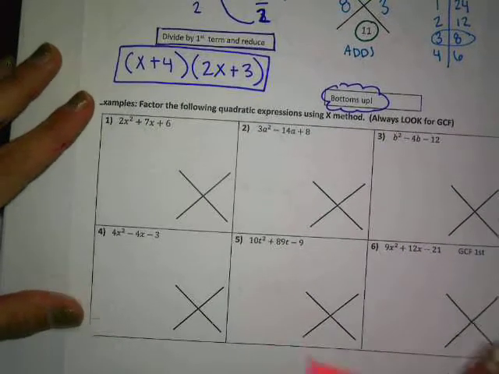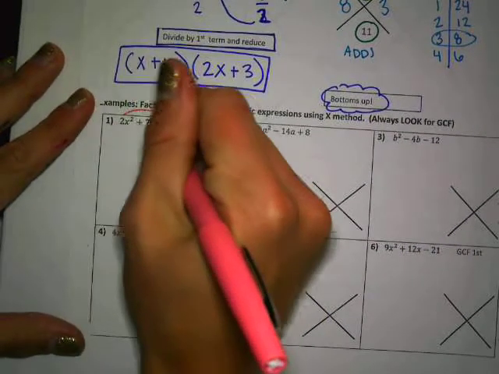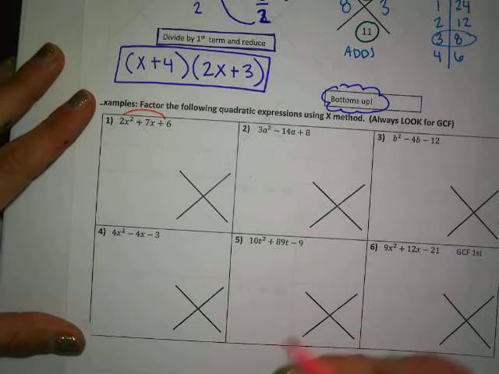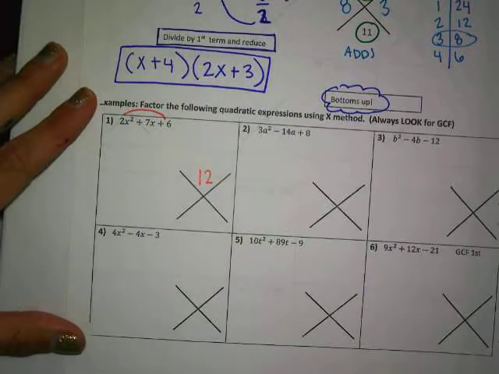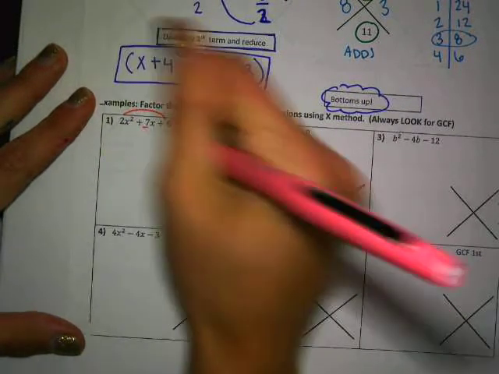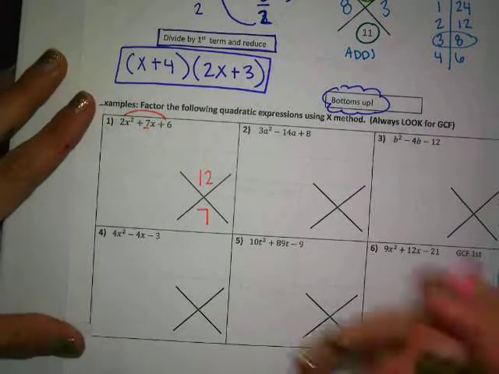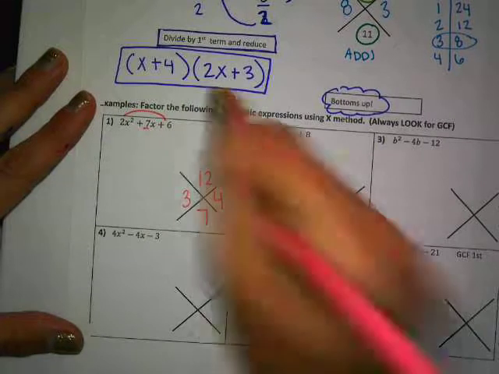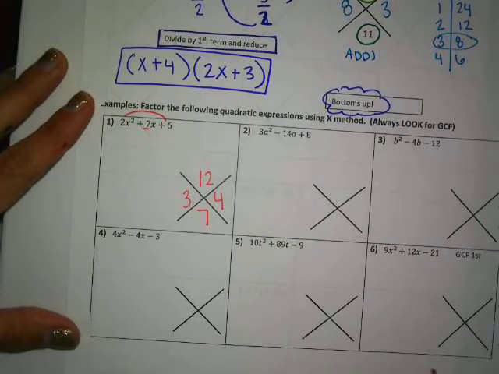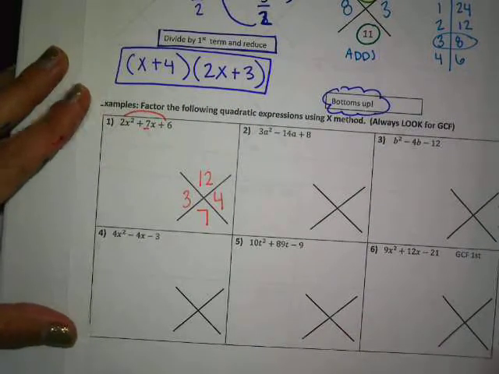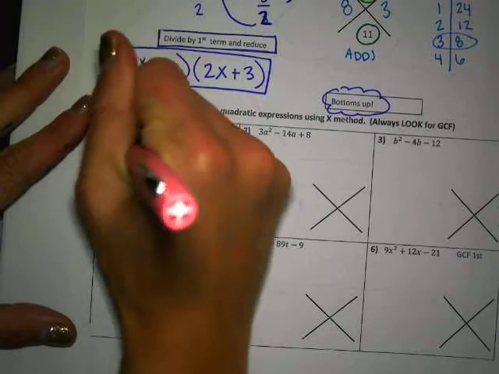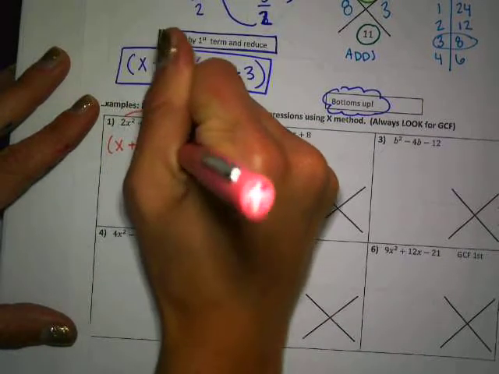So I'm going to take the first guy times the last guy, 2 times 6, 12, and then the middle guy goes down here. So what 2 numbers multiply to give me 12 and add to give me 7? 3 and 4. So I do x plus 3, x plus 4.